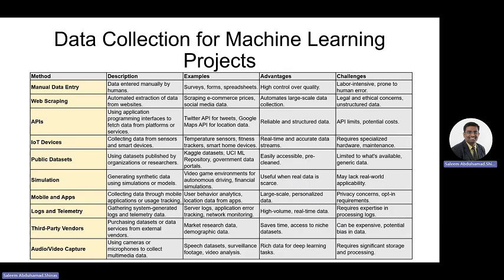Next is where you can collect the data. We have different sources. The first is collecting data manually through surveys, from the audience. The next is web scraping, which means we can collect data from different websites.